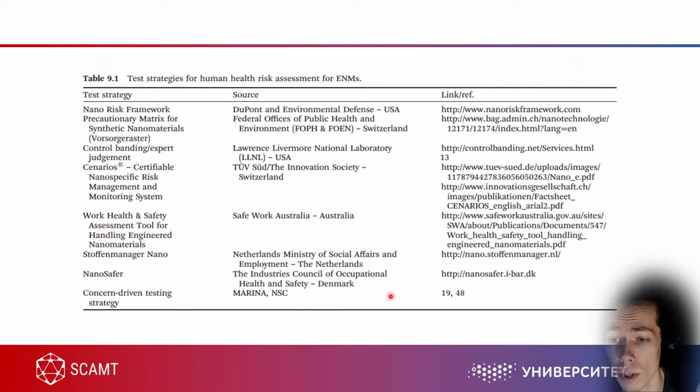As far as I know, there is no such document published in Russia, because we are only at the beginning of the assessment of this environmental pollution. Why? Because we are not producing so many particles on a large scale.